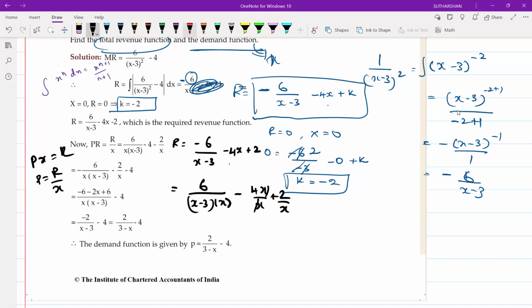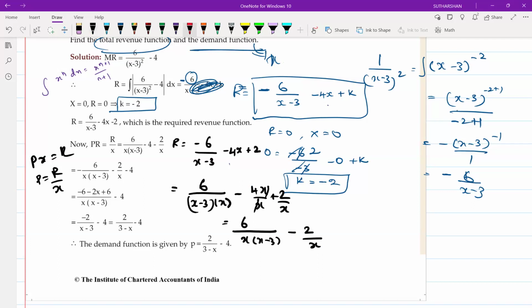So x gets cancelled, and you will get 6 into x into (x minus 3), minus 4, plus 2 by x, plus 2 by x only.